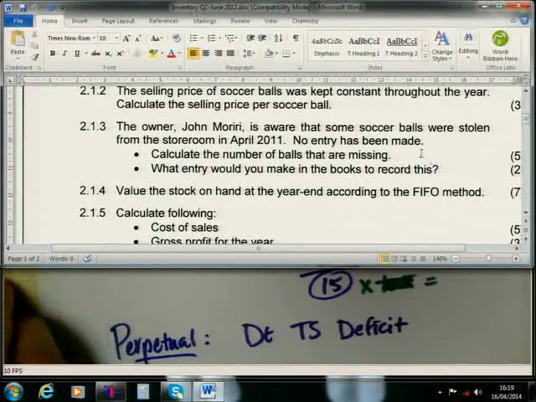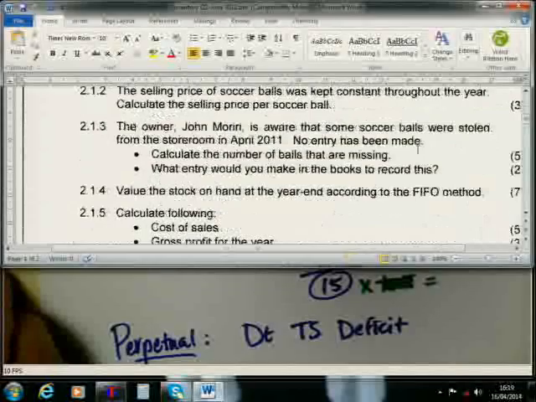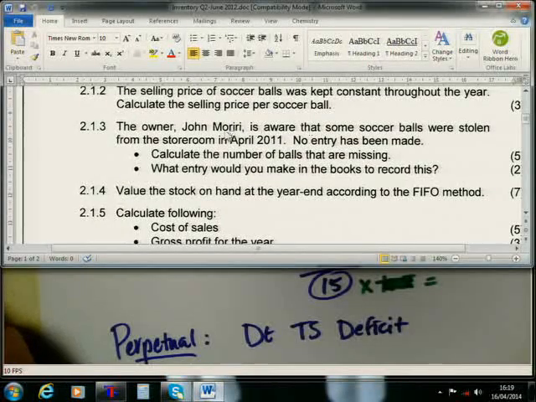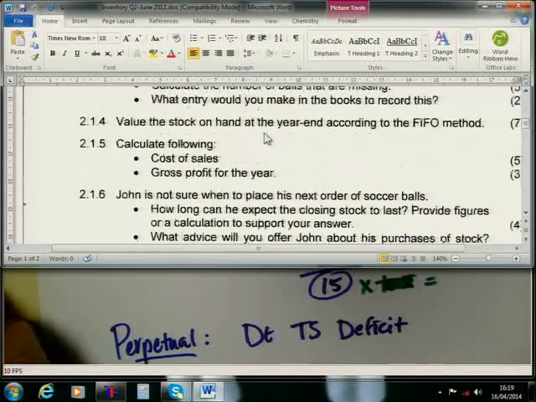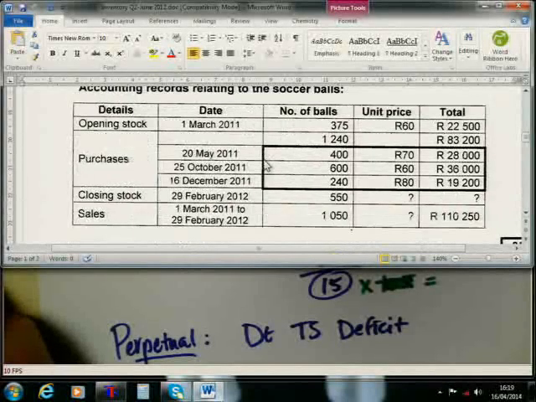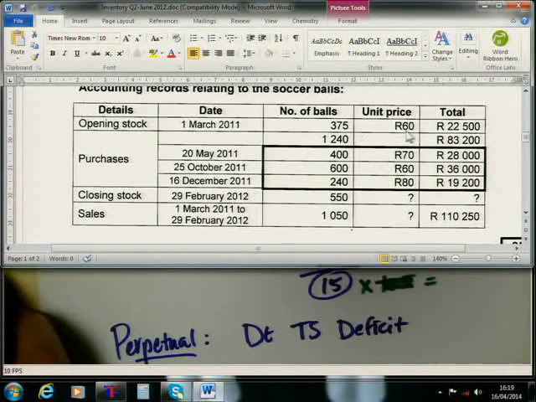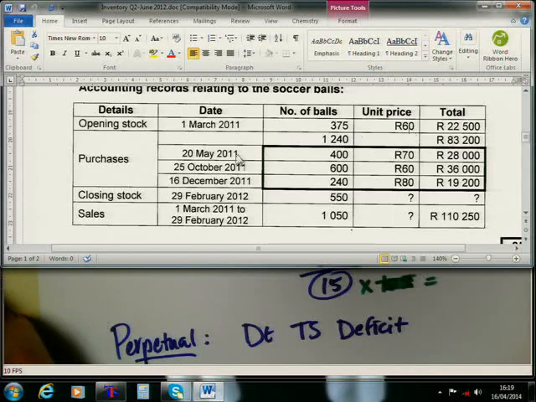Let's quickly go to our information there. In April, this is important, you go back there and you see that it gives you a unit price of 60 rand, in April, because we bought in May, which is after April.